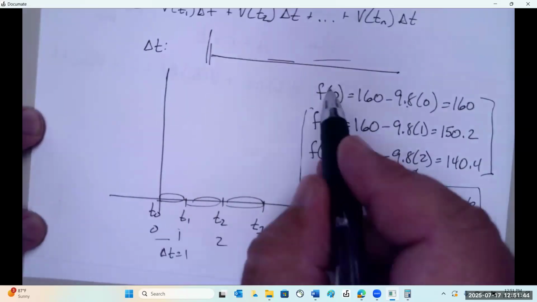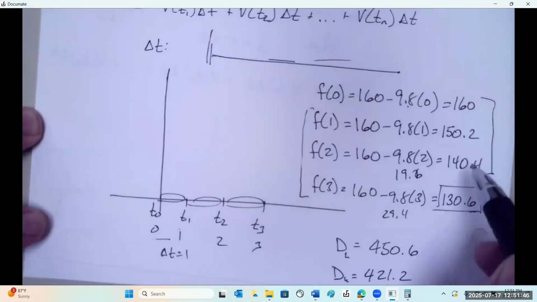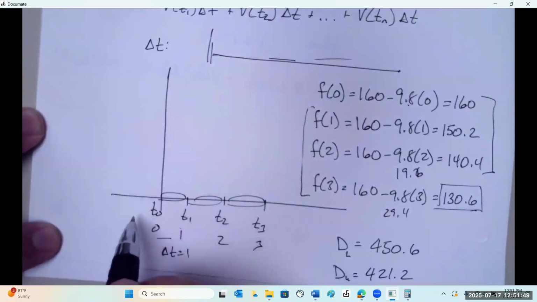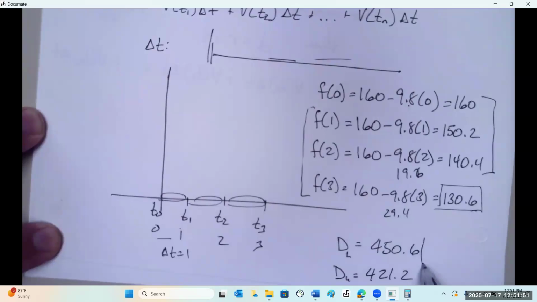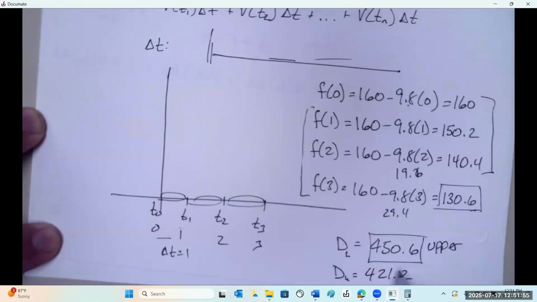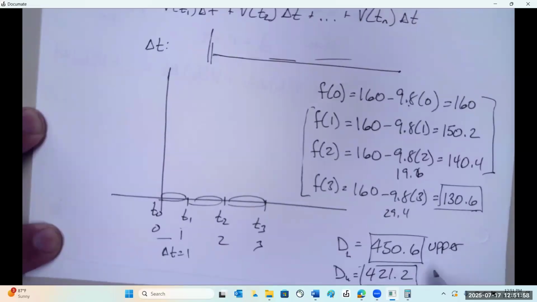So if we started off at 0 and used the left endpoint, that gave us a larger number. So this is our upper sum. If we use the right endpoint, this is our lower sum.